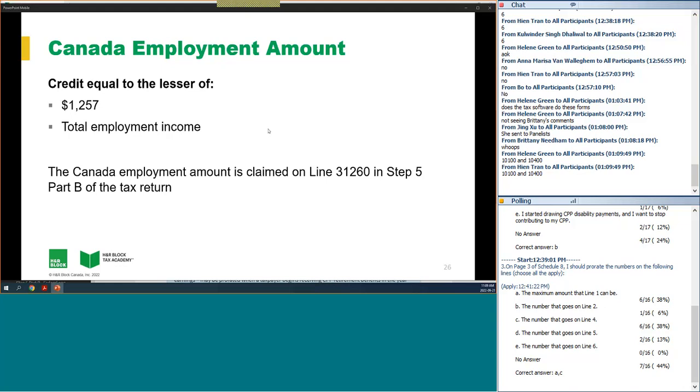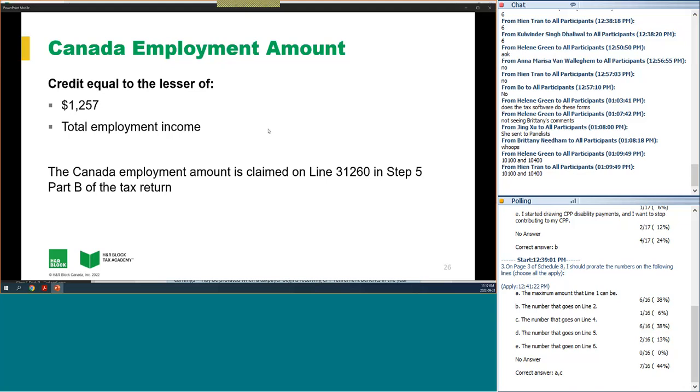Add those numbers together, and as long as they are more than $1,257, you get the full credit. If they're less than $1,257 in 2021, you get the maximum of those two numbers together. So the smaller of the two numbers is what we pick. And then you put it on line 31260.